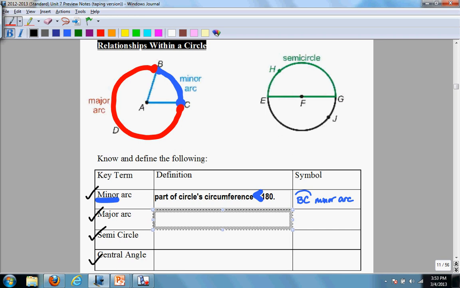So major is like minor. It's also part of a circle's circumference. But in this case, you can see it has to be greater than 180, bigger than half a circle, for it to be considered a major arc.